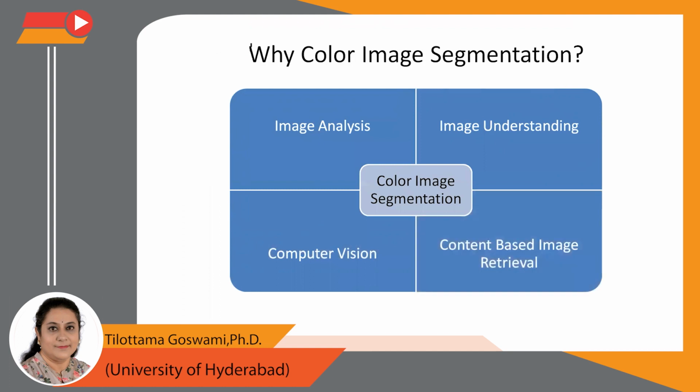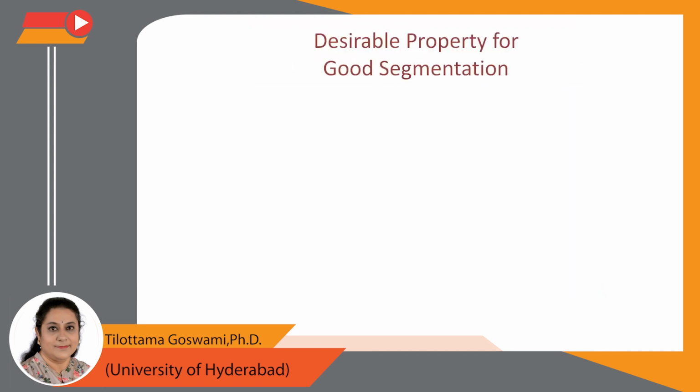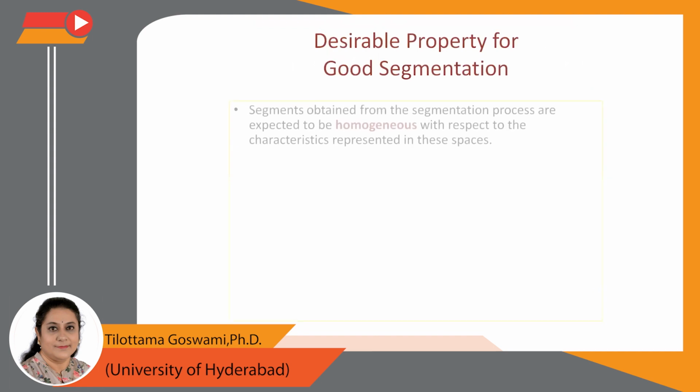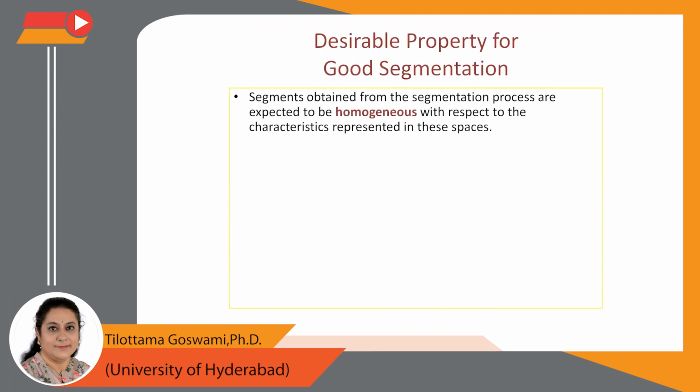What is a good segmentation? For humans, it is subjective in nature, hence we cannot quantify a good segmentation. But as we are talking about automation, doing the segmentation using computers, the desirable properties of a good segmentation are the following. The segments obtained should be homogeneous with respect to certain characteristics. The segments must show spatial compactness.